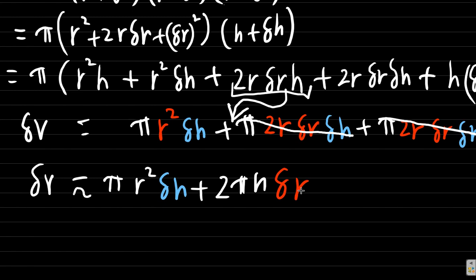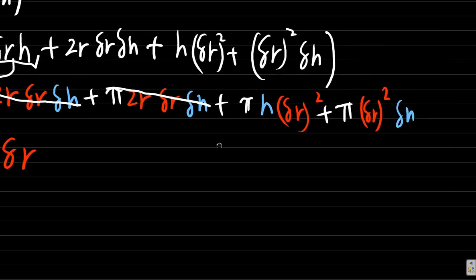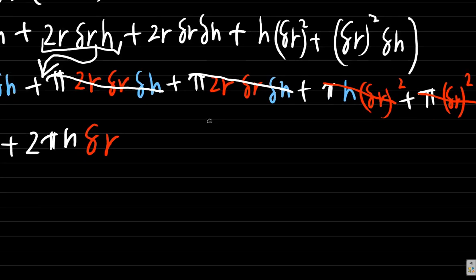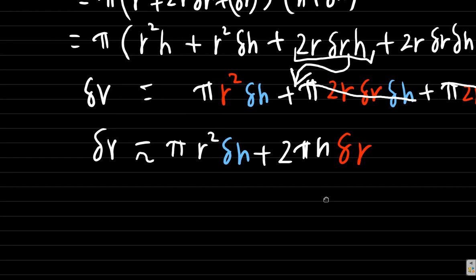Anything that has change in h squared or change in r squared or change in h times change in r are much smaller. It's like you have 0.1, it's small. You multiply 0.1 by 0.1, that's 1/10 by 1/10 become 1/100th. Much smaller, right? So we're getting rid of all of these changing r or changing h that are squared. This is squared, so get rid of it. This is squared, so get rid of it. All right, so this is what we have left.